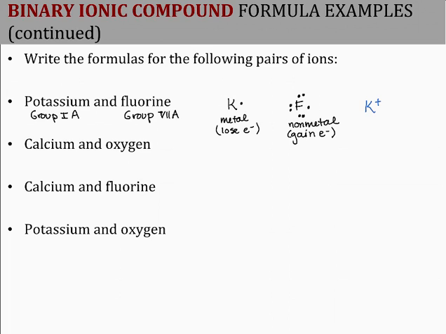And then fluorine, when it gains an electron to have 8 total valence electrons, it will have a negative charge. So in order for these 2 ions to balance each other out, we just need 1 of each. So we would have KF as our compound formula.